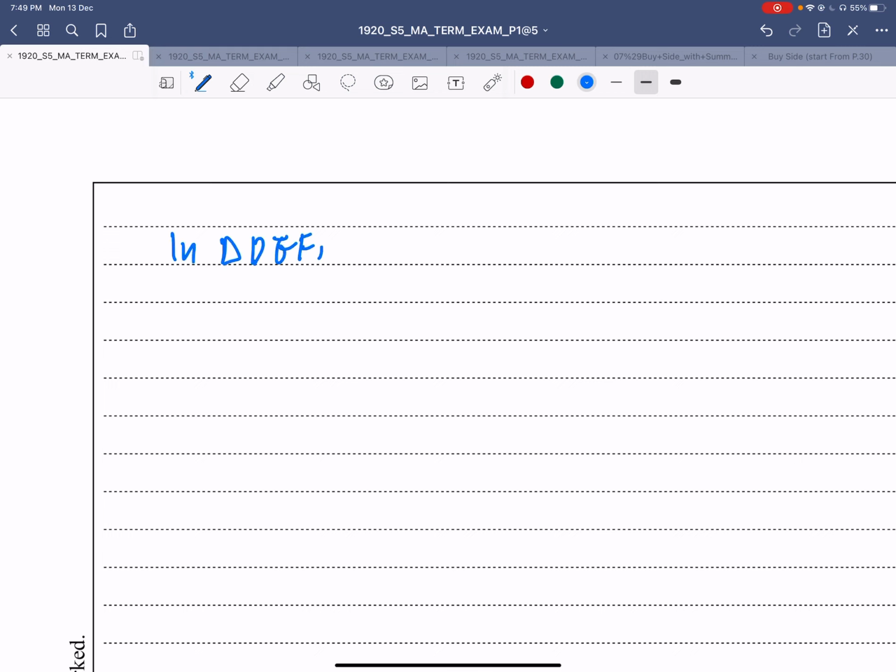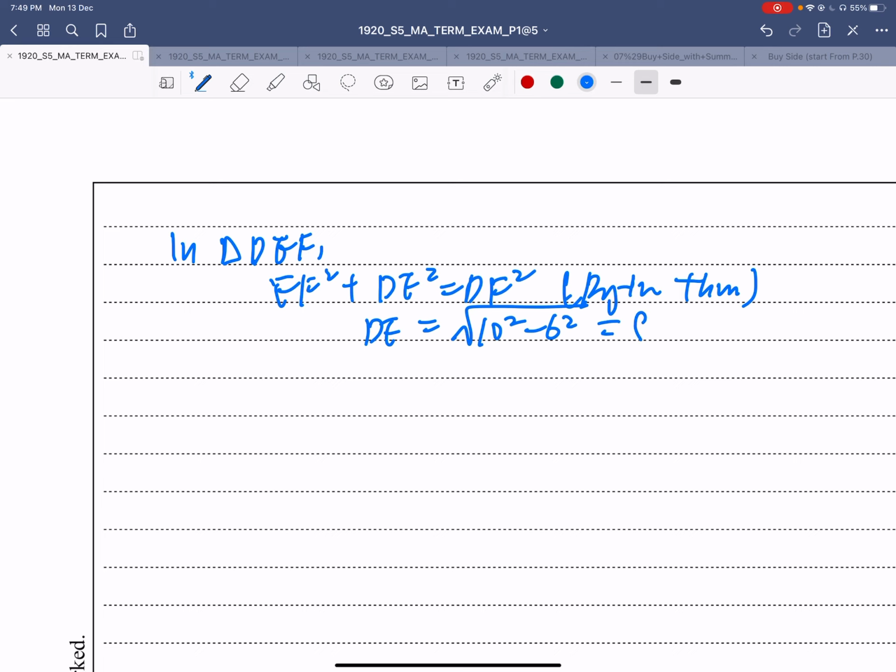In triangle DEF, EF squared plus DE squared equals DF squared, Pythagoras theorem. So DE equals root of this, equals 8 cm. In triangle BDE, BD squared equals BE squared plus DE squared, Pythagoras theorem.